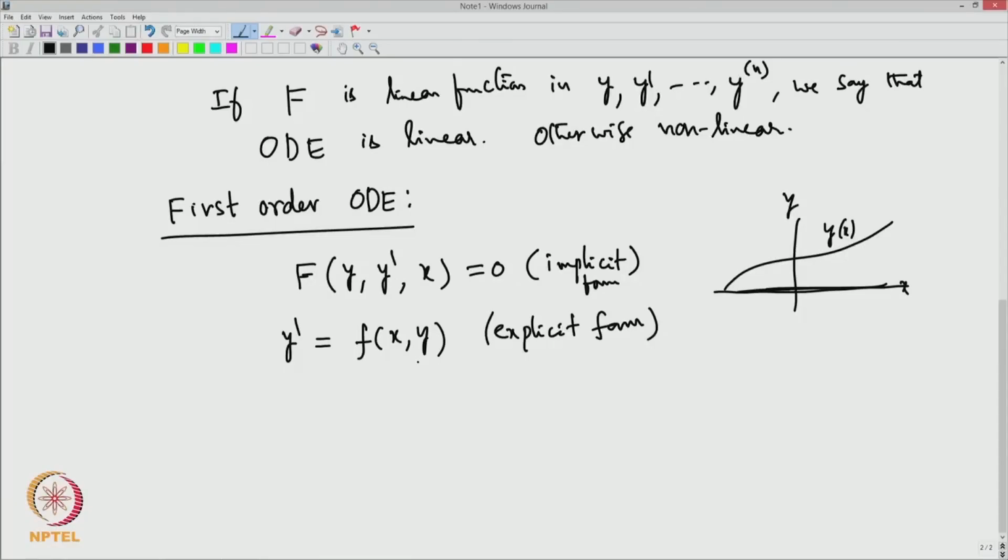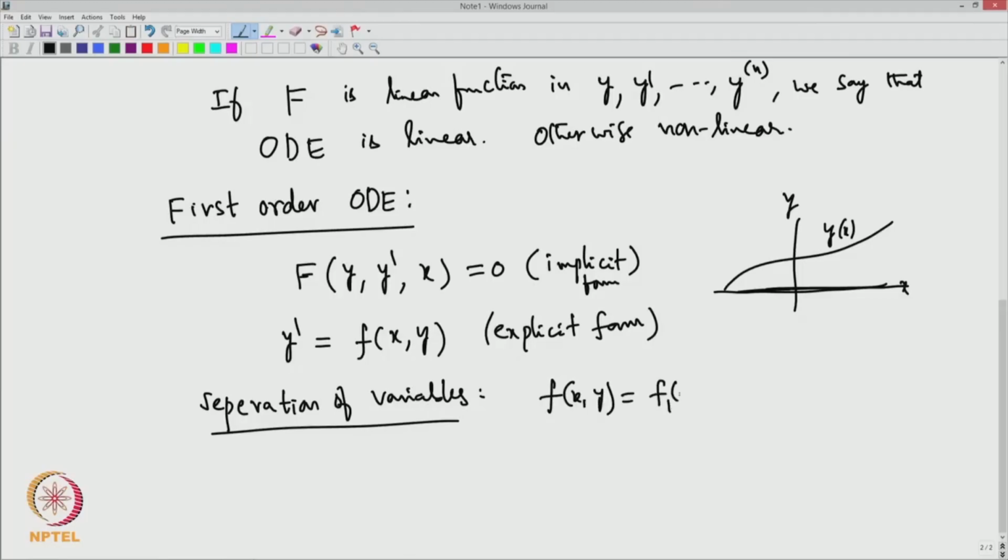Now we start with the separation of variables method. First method, the separable method, separation of variables. What does it mean? If I have f(x, y) as something like f1(x) into f2(y), the variables x and y are separated.